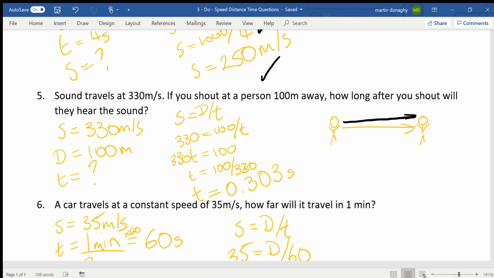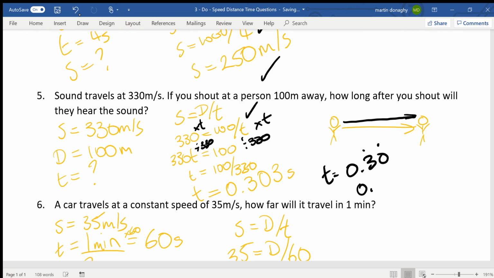So speed is 330, distance is 100. Put it into our equation. Once again, this is a tricky one when we're dividing by time. So first we multiply both sides by time, and then we divide both sides by 330. And it gives us a time of 0.30 recurring. So you might see that your calculator says this.